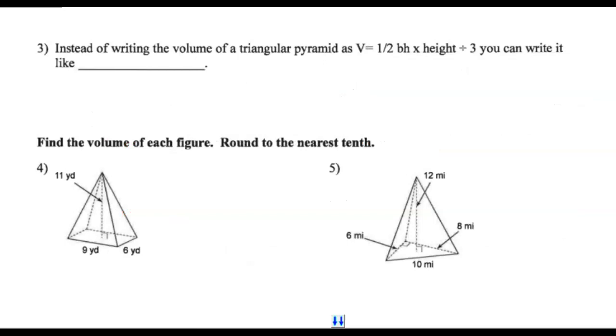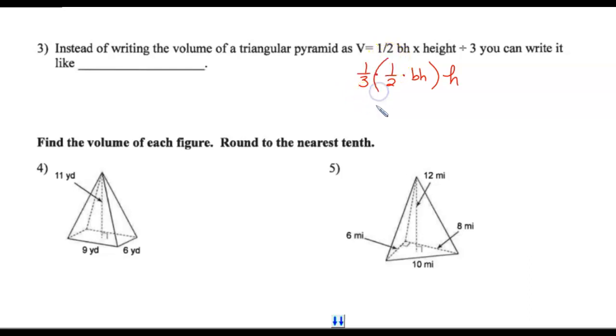Instead of writing the volume of a triangular pyramid as volume is 1/2 base times height divided by 3, that would be like saying 1/3 times 1/2 times base times height times the height.